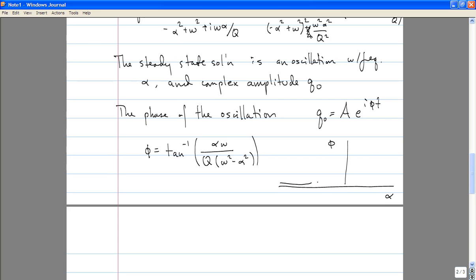And for very large alpha, we would be calculating the inverse tangent of infinity, so phi would be very close to pi. And as alpha increases from 0 to infinity, phi will increase monotonically. So this is the phase shift.